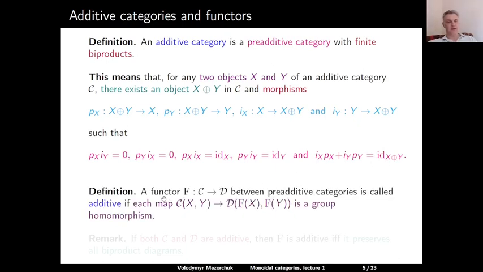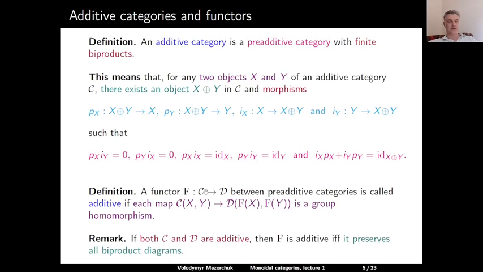Definition: a functor F from a preadditive category C to a preadditive category D is called additive if each map from the morphism set C(x,y) to the morphism set D(F(x),F(y)), so the functor F consists of such maps for any pair x, y of objects in C, is a homomorphism of abelian groups.